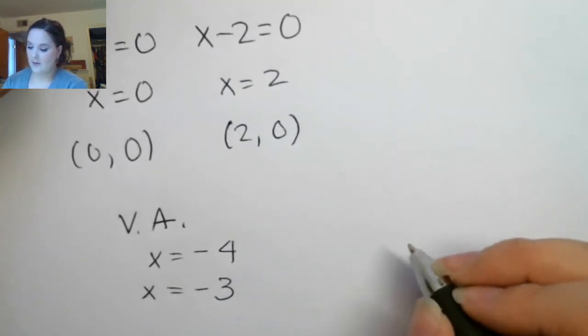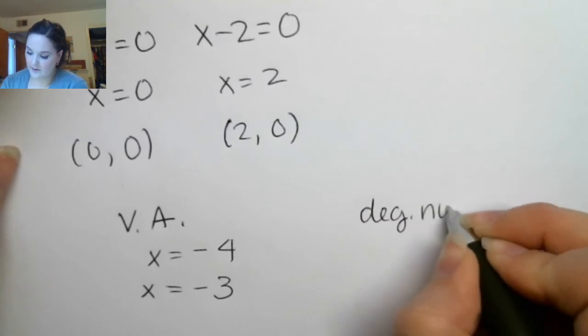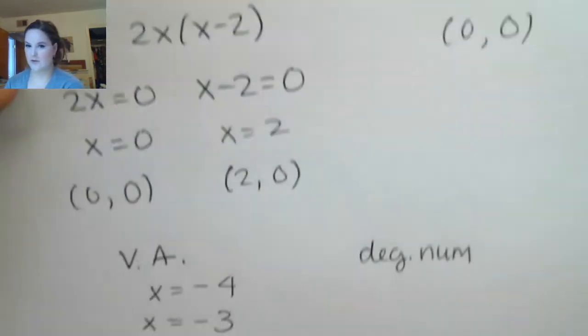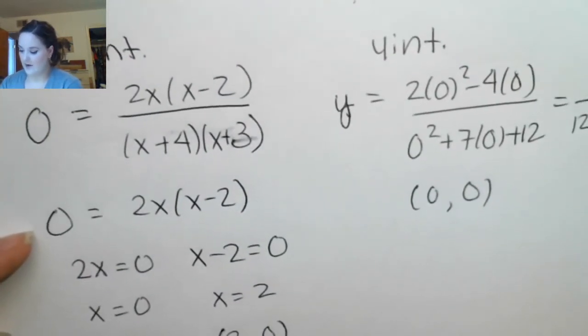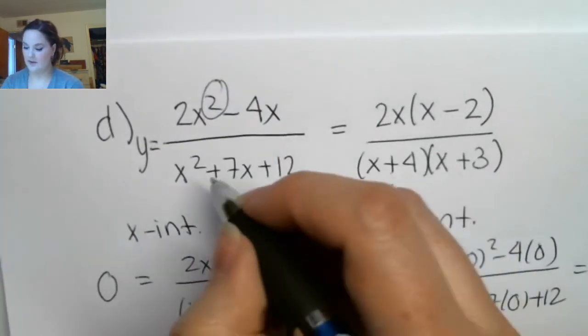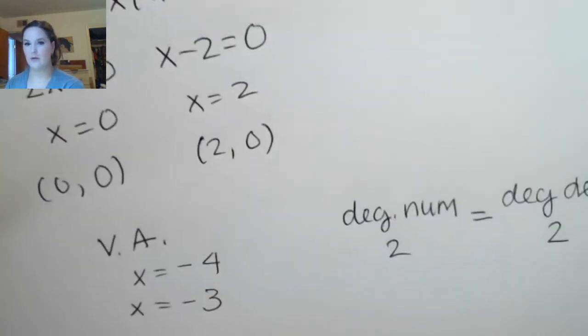Then I'm going to look at the degrees. The degree of the numerator, which is easier to see in the unfactored form, is 2. And the degree of the denominator, like I said, is easier to see in the unfactored form, and is also 2. So they are equal.